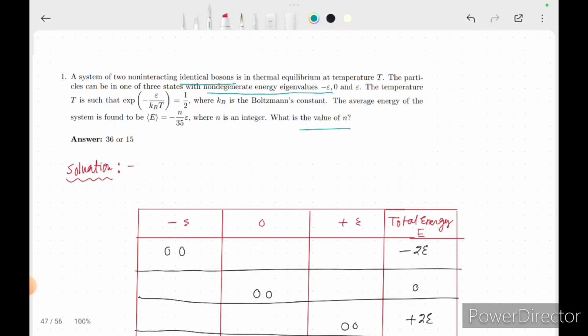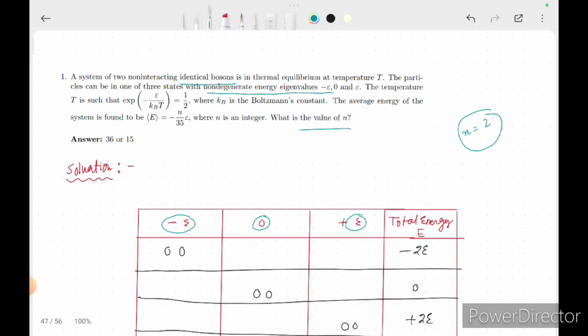So basically here three energy states are given: minus epsilon, 0 and epsilon, each non-degenerate, and the number of bosons is given as 2. So first of all we distribute these two bosons over each and every energy state, and then we find the total energy.